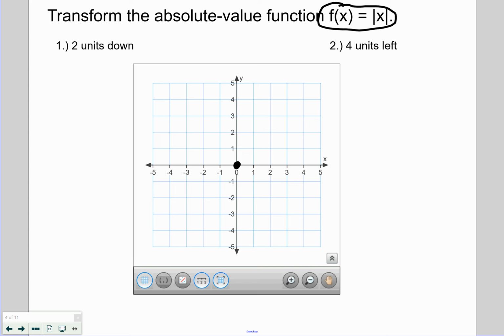Let's plug in 1. What is the absolute value of 1? Positive 1. So I'm graphing 1, 1. If I plug in positive 2, what's the absolute value of positive 2? 2. So I'm graphing 2, 2.